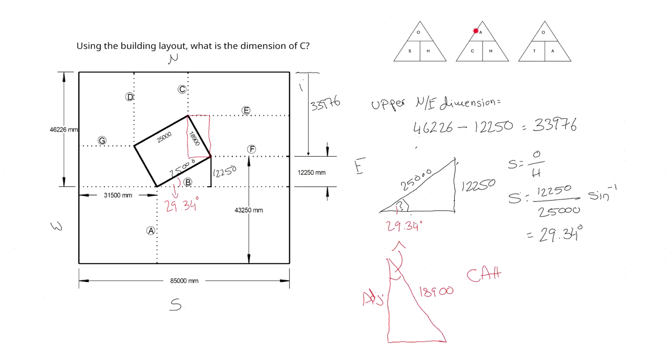And we're left with cos C times H. So cos 29.34 times the hypotenuse of 18,900. Let's punch that in. Cos 29.34 times 18,900. 16,475.6.